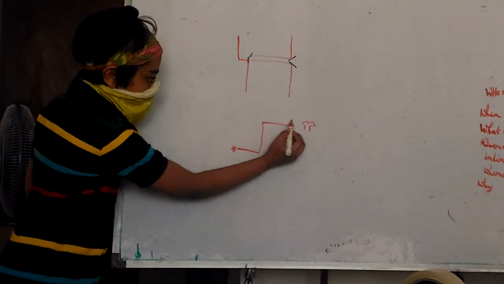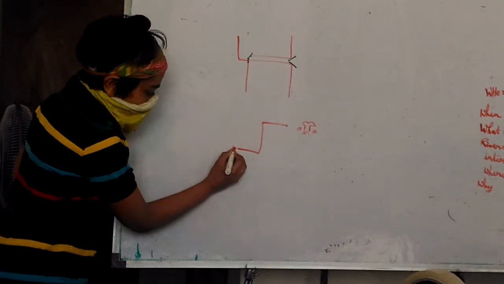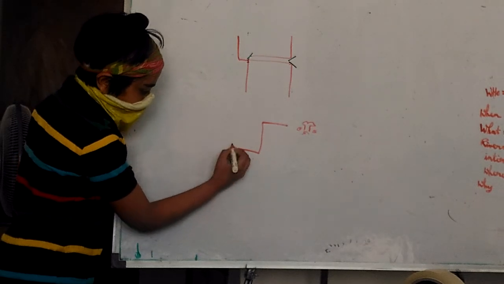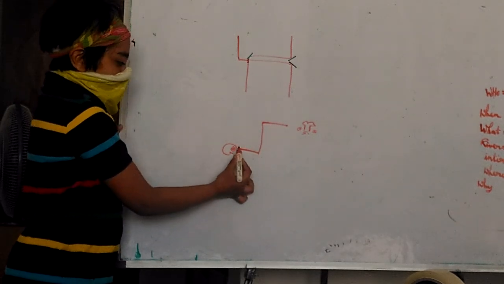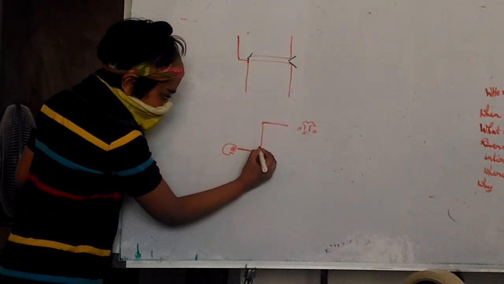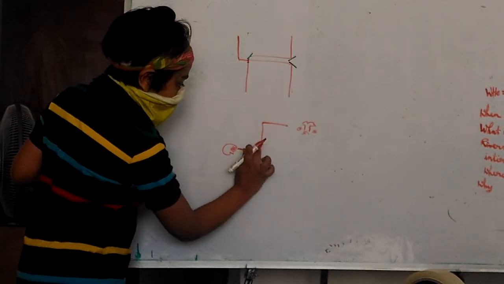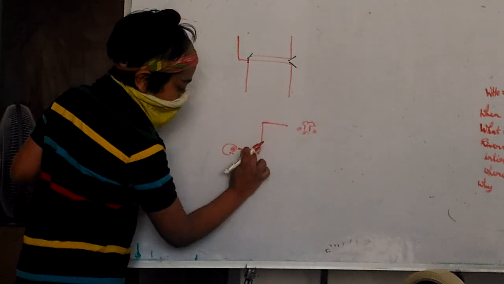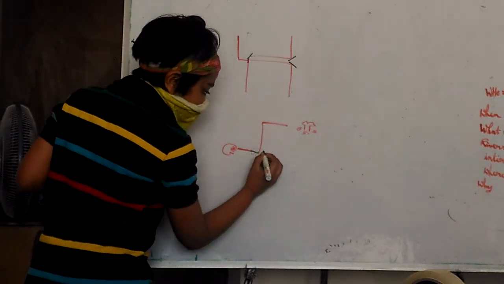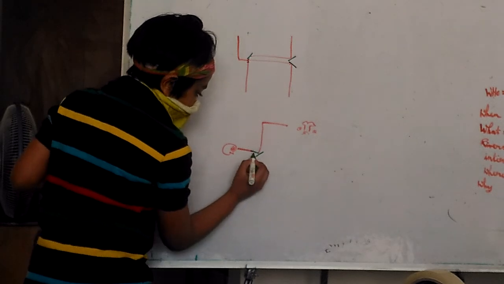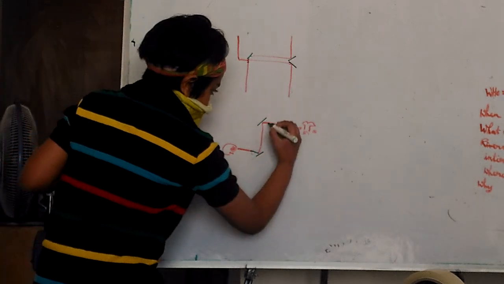So this is the periscope and this is the tree, right? And this is our eye. And we are standing and watching. And how the periscope works is we will keep the mirrors like this. The mirrors reflect.